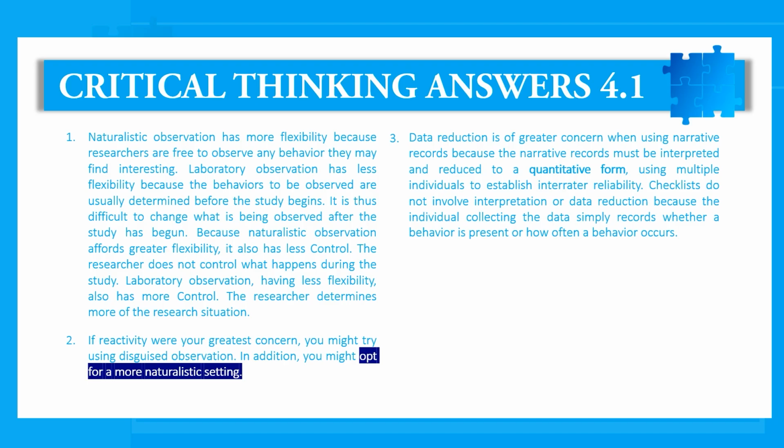It is thus difficult to change what is being observed after the study has begun. Because naturalistic observation offers greater flexibility, it also has less control, and the researcher does not control what happens during the study. Laboratory observation, having less flexibility, also has more control, as the researcher determines more of the research situation.